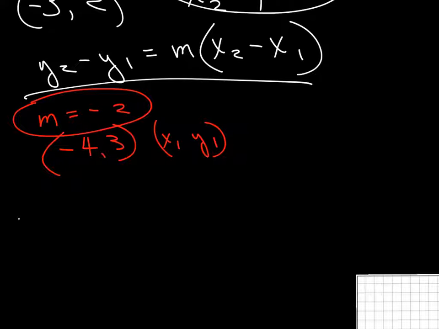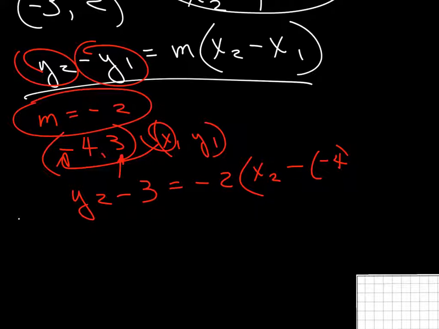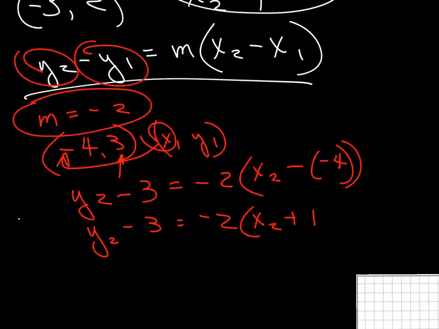So, that being the case, we have y2, which we don't know what that is from up here, minus y1, which we said the 3 is y1 because that's the y, equals the slope, -2 times what's x2, we don't know, minus what's x1. x1 we said was the -4. Okay, so we have y2 minus 3 equals -2 times x plus 4.